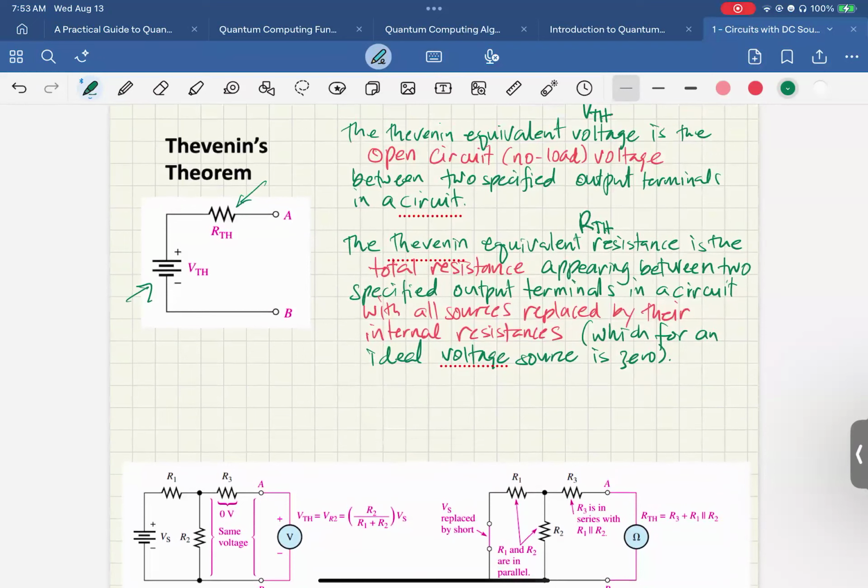To solve for the Thevenin equivalent voltage, kailangan i-open nyo yung source. And to solve for the Thevenin equivalent resistance, kailangan i-close nyo yung source or you replace the source or sources with their internal resistances. At kung wala siyang internal resistance, then just replace it with 0.